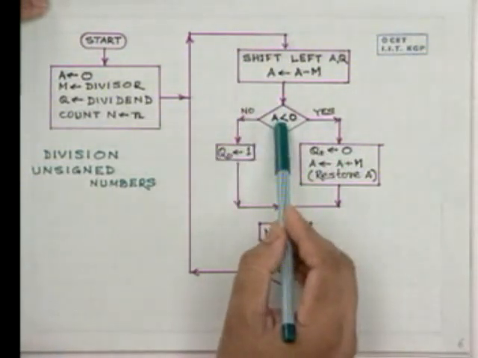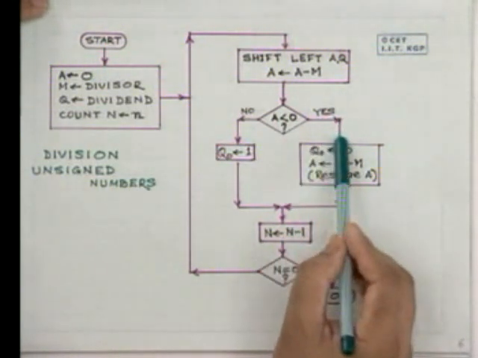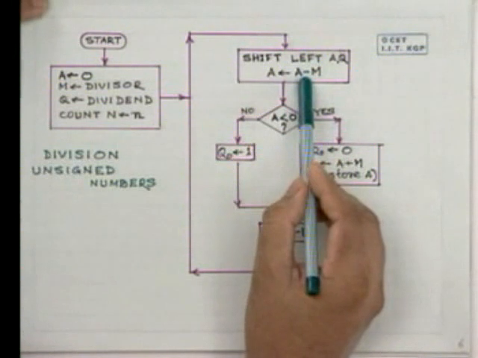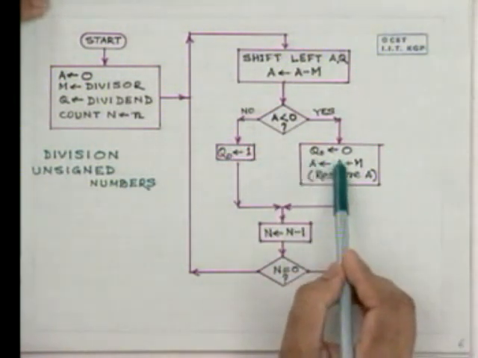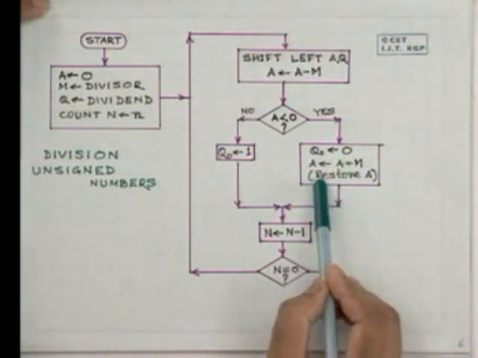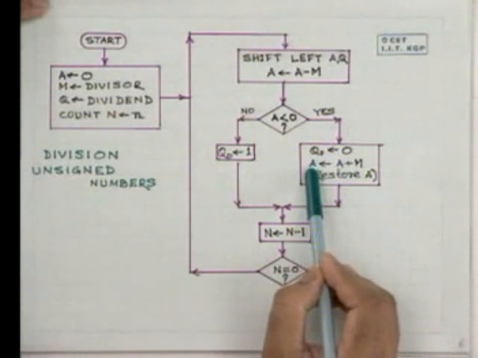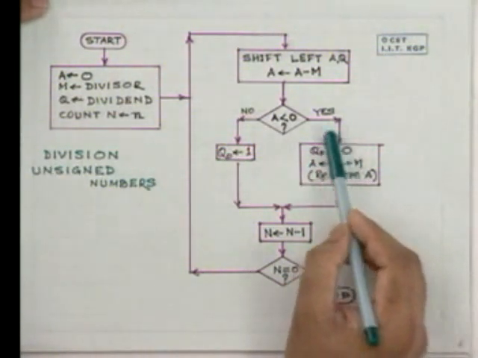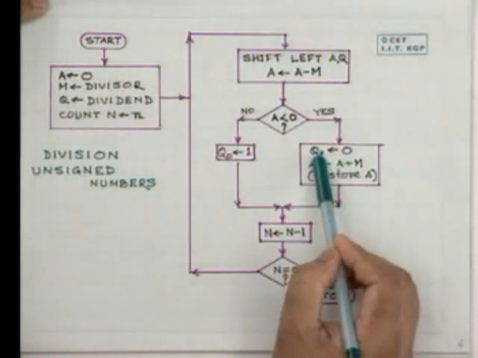If we find that the result is less than 0, naturally that subtraction is unsuccessful, and as we know the A register has to be restored. That means we'll have to add M to the A register to bring back its original value. And since this subtraction has failed, 0 will go to the Q register.